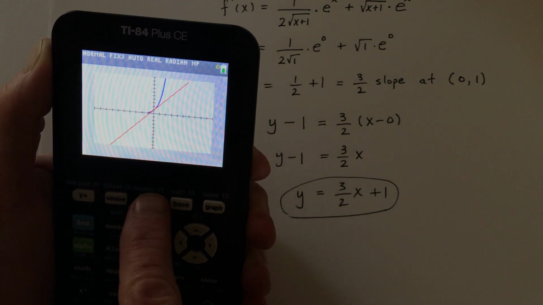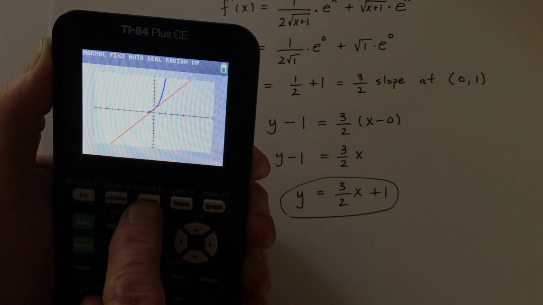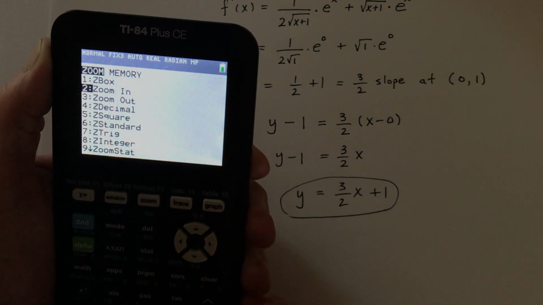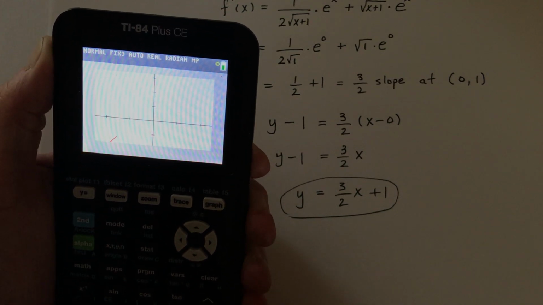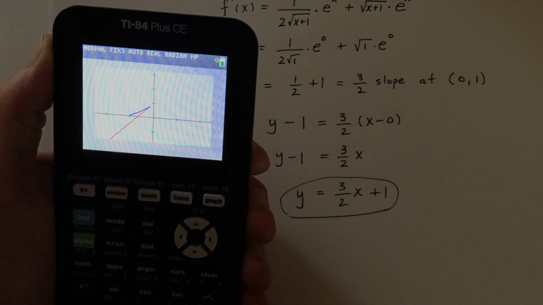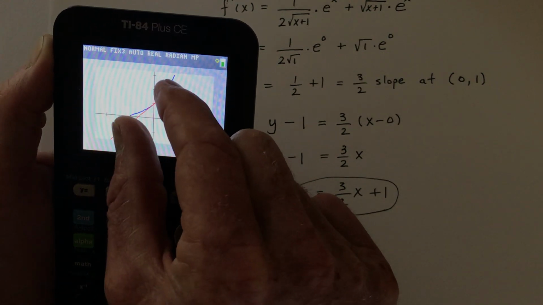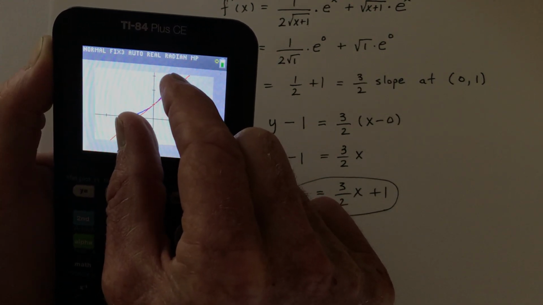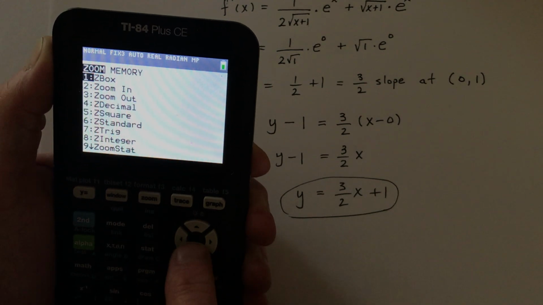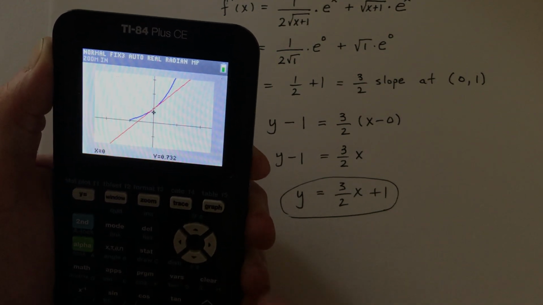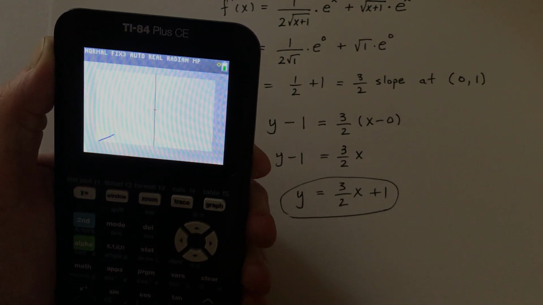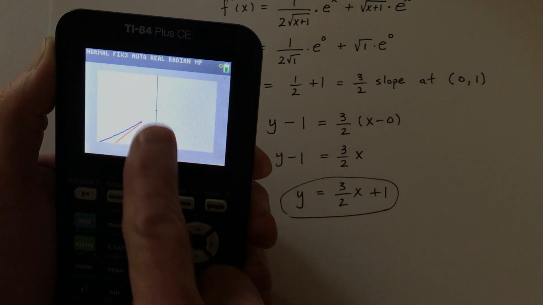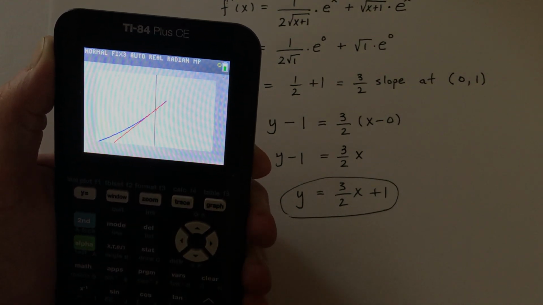Then I just want to zoom in on that point to make sure that it looks correct. So zoom in on that point, hit enter, and then you'll see that the red line, especially if you're close to that point, so if you zoom in really close to 0, 1, then you'll see that at least when you're close to this point, the red and the blue graphs are basically the same.